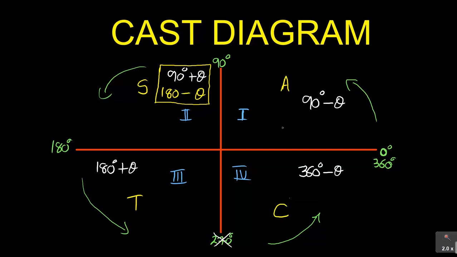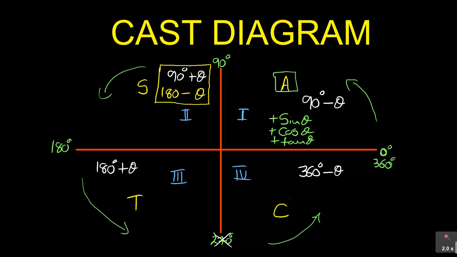So when you have done that, the other information that is important is to understand your trig ratios. We have 3 trig ratios: sine theta, cos theta, and tan theta. Now, when they say A, A means all, so that word all means all are positive.